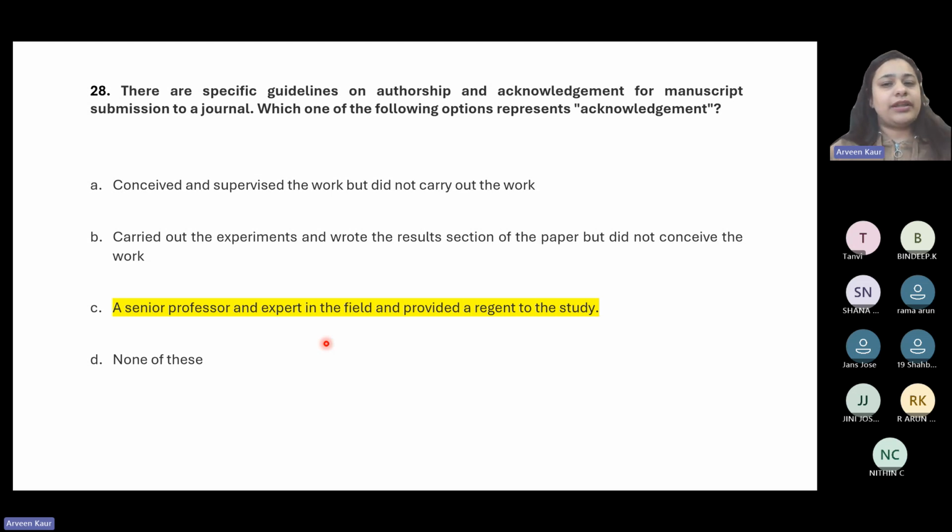But they are not directly involved in the research per se, right?